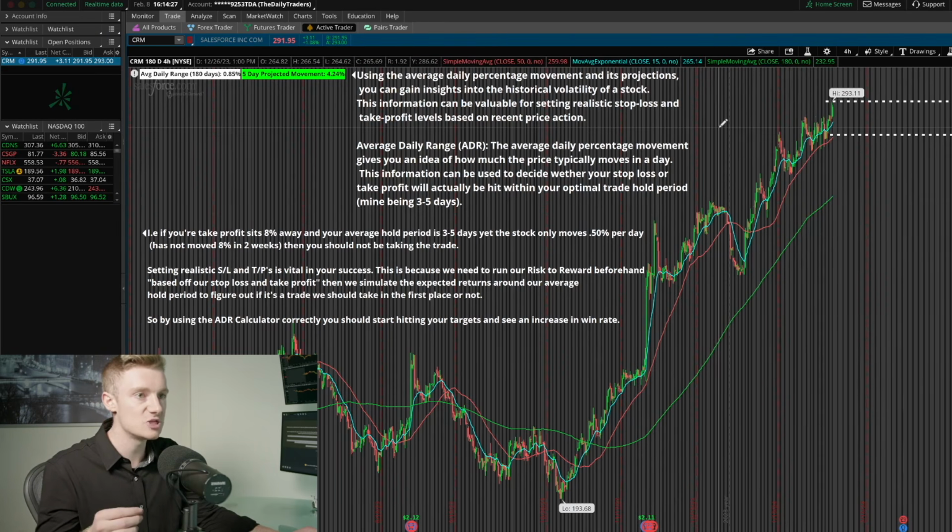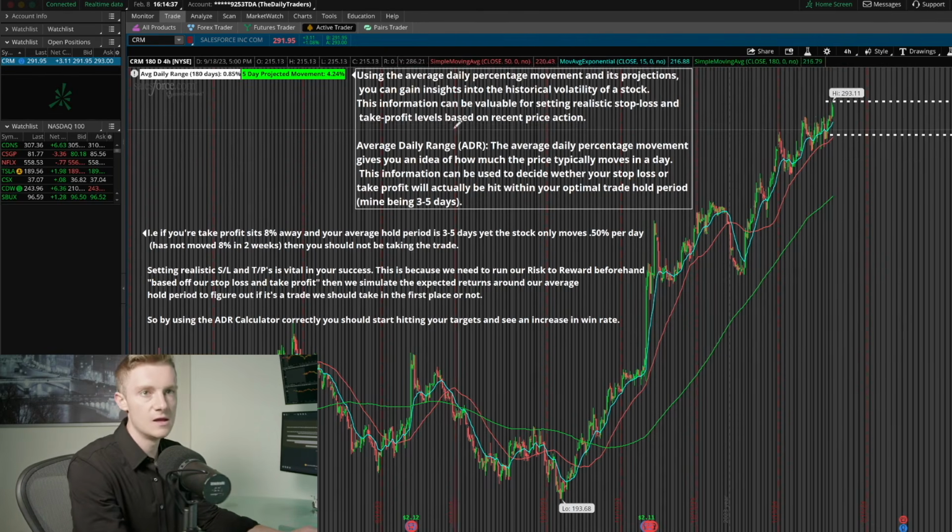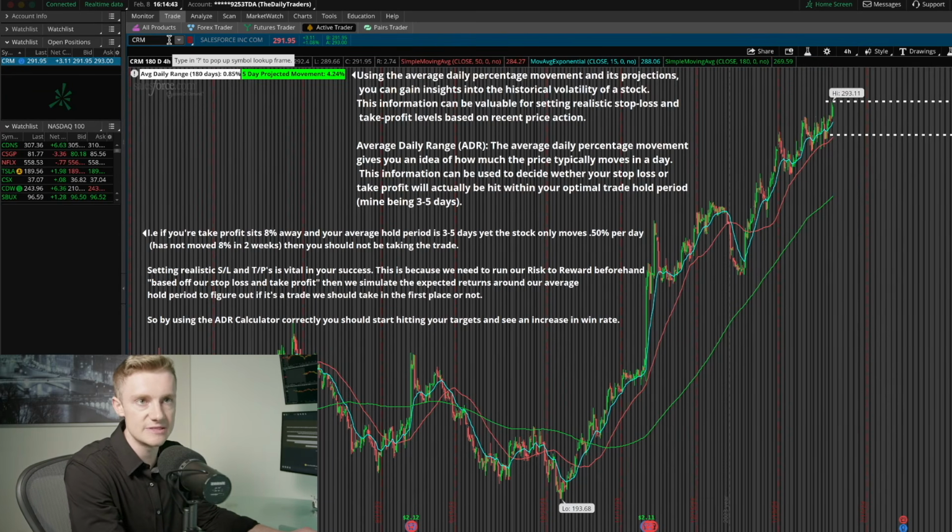Okay, this information can be used to decide whether your stop loss or take profit will actually be hit within your optimal trade hold period, mine being 3 to 5 days. Up here you can see that over the last 180 days, the stock I'm on, ticker symbol CRM, has on average moved 0.85% a day.